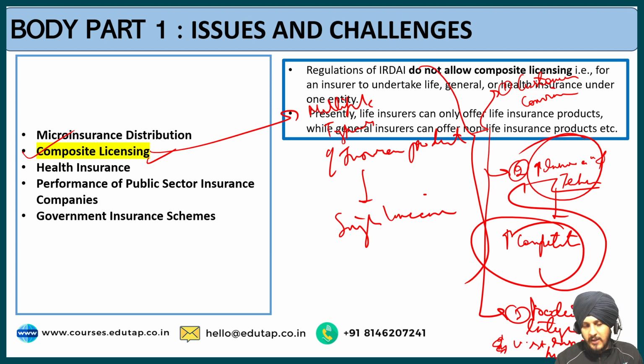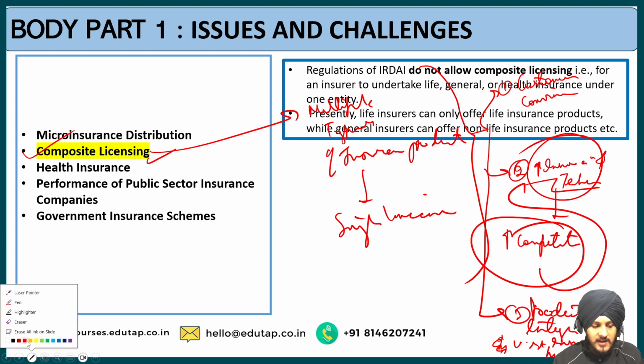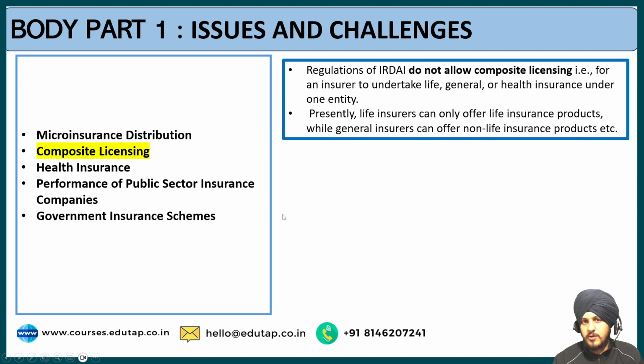But the government should think about it, and in order to solve this challenge, should take certain moves in order to allow composite licensing in India. So this is one of the important challenges as far as the insurance sector is concerned.